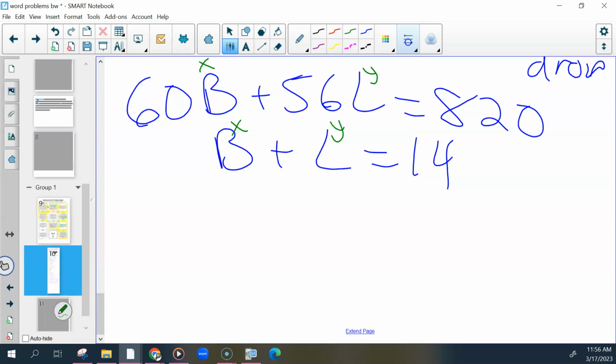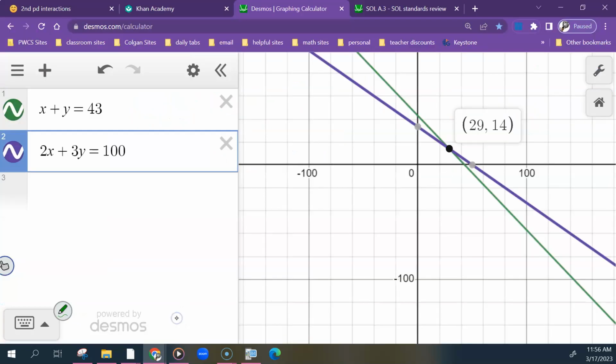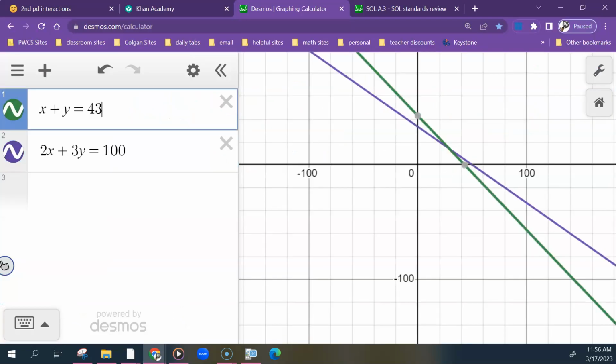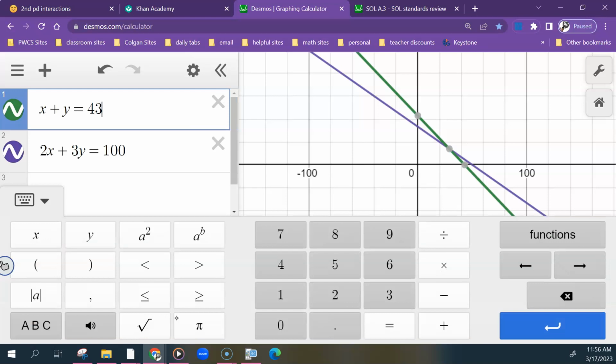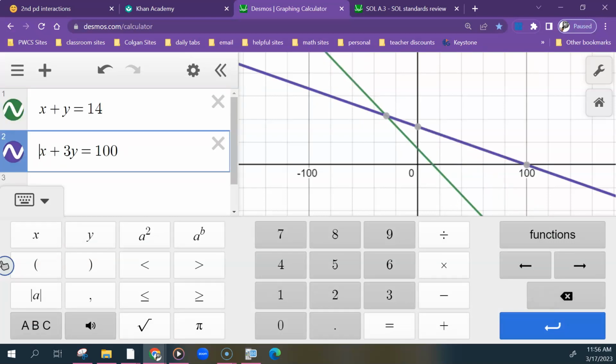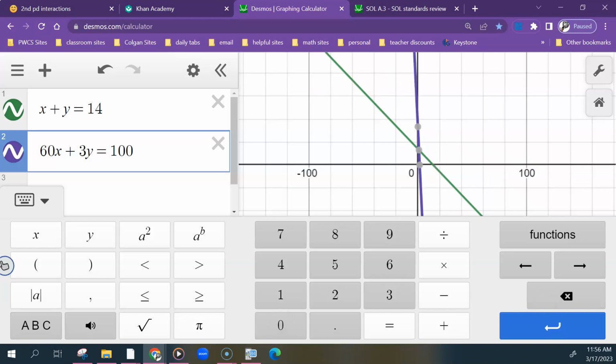So let's change our variables and graph this. That number? 820.